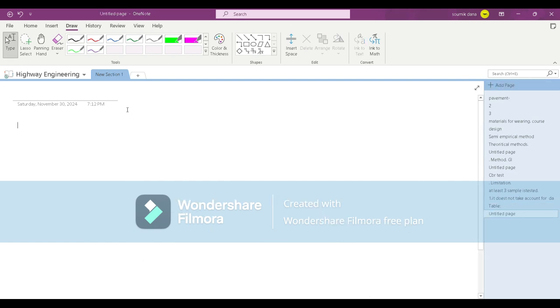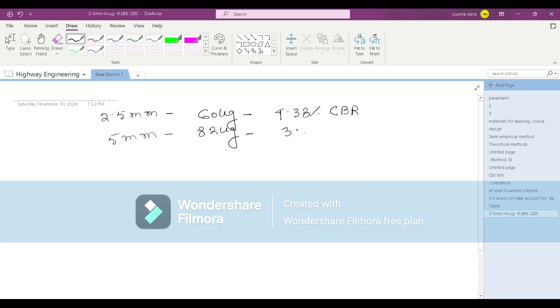So for 2.5 mm penetration, 60 kg, we get 4.38 percentage CBR, and for 5 mm penetration, 82 kg, 3.99 percentage CBR.